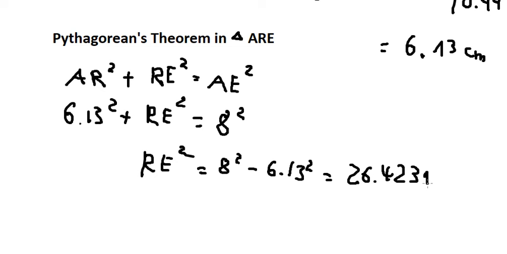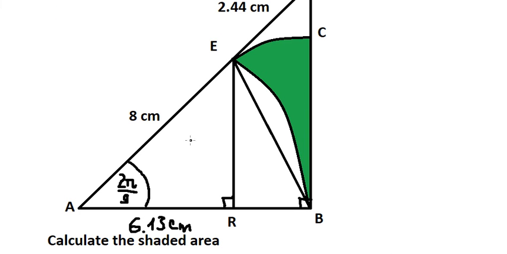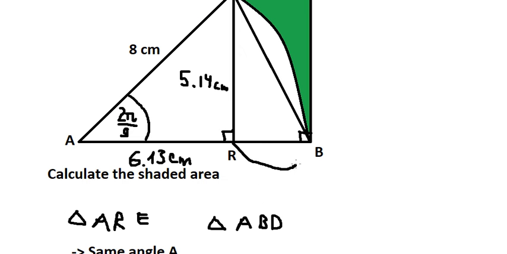26.4231. Later that we put the square root for both sides. So that should be about 5.14. So we have the number in here. Now we want to find RB.